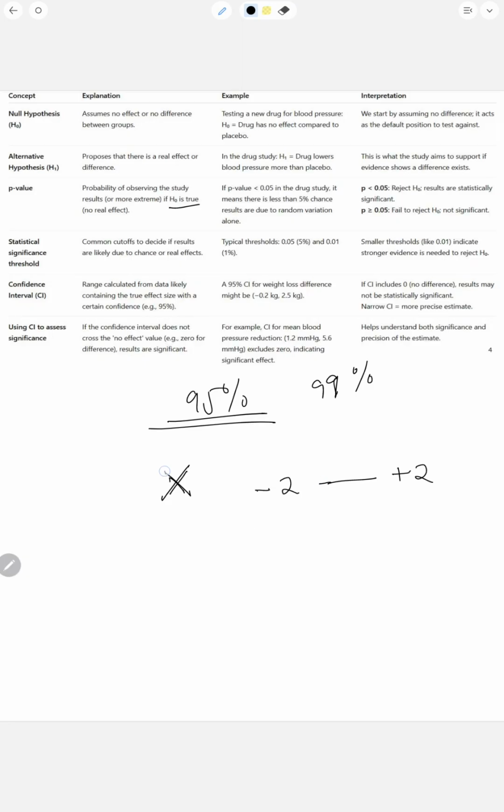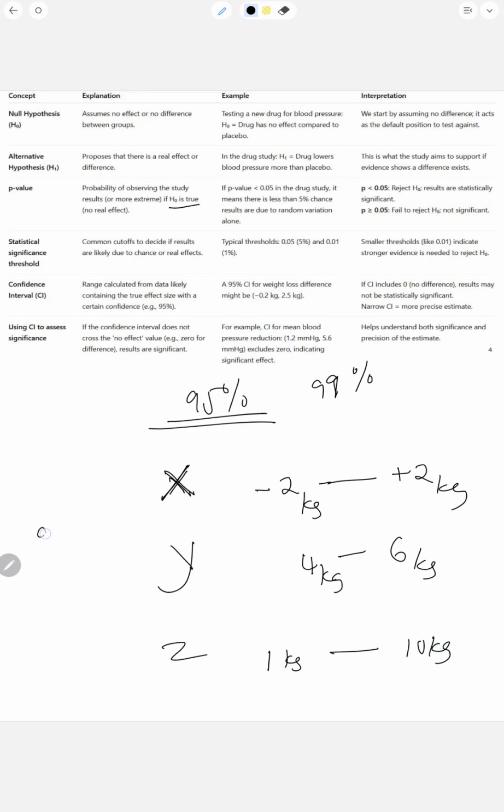So this is drug X, this is one study, and let's say for drug Y, the weight loss is 4 kg to 6 kg. Then drug Z, let's say the weight loss is anywhere between 1 kg and 10 kg. So these are the 95% confidence intervals that you're given for these three drugs.